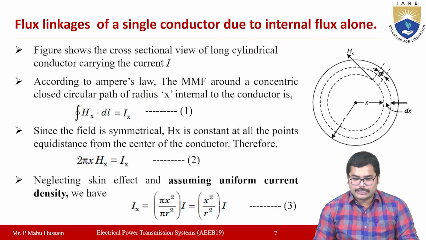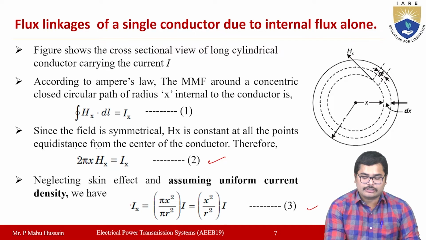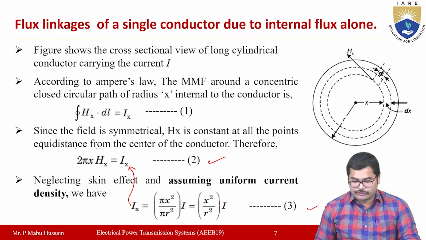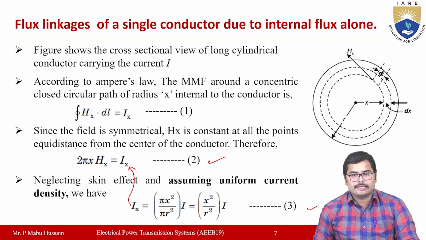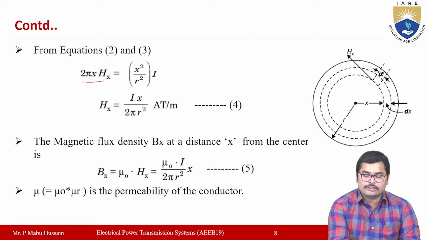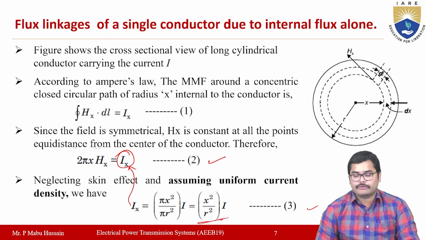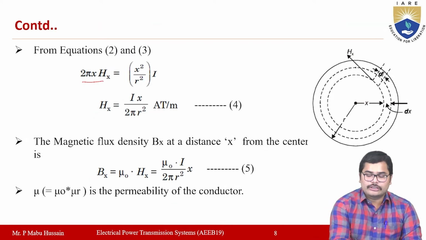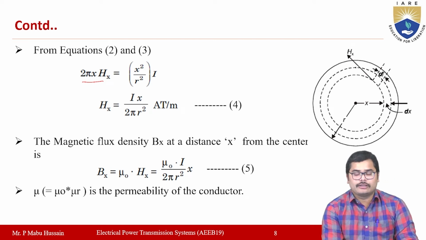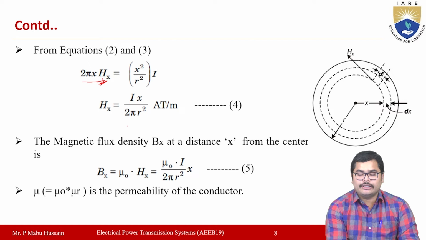Now from equation 2 and equation 3, you are going to write another expression. That means we are going to substitute equation 3 in equation 2. So what you get: 2 pi x into hx is equal to x square by r square into I. Instead of Ix, we are writing this expression, x square by r square into I. So equation 2 can be written as 2 pi x into hx is equal to x square by r square into I. From this expression, the hx value is equal to Ix by 2 pi r square.